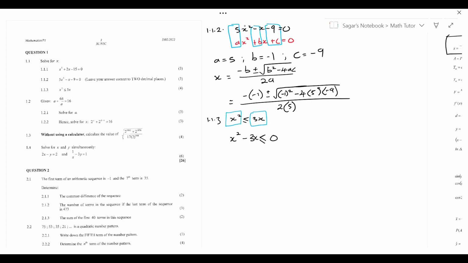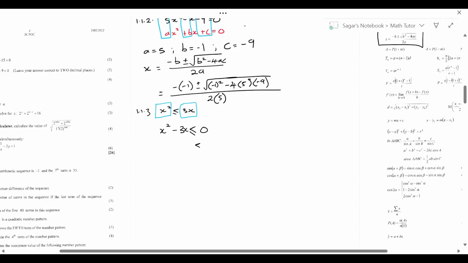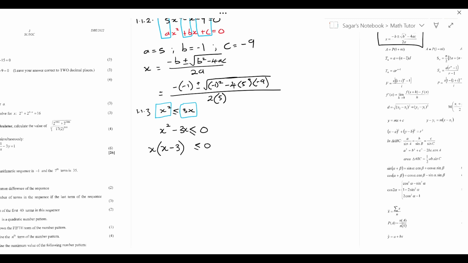Now we have x squared minus 3x. If I factor that, I'm left with x times x minus 3. So the values are x equals 0 and x equals 3, right? But this is not the solution, right?